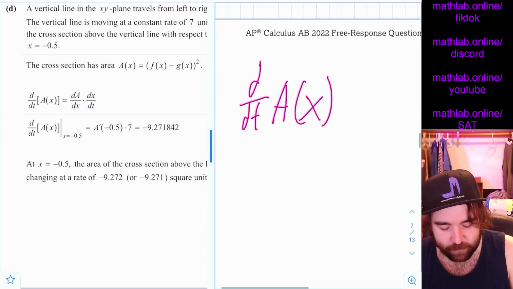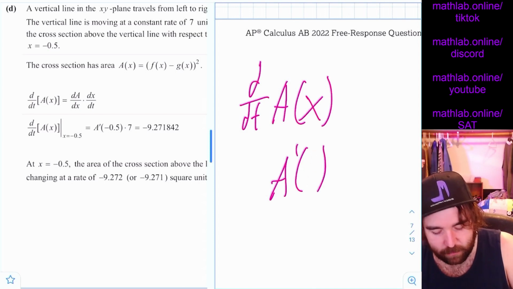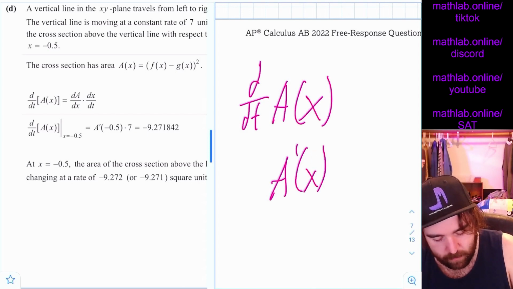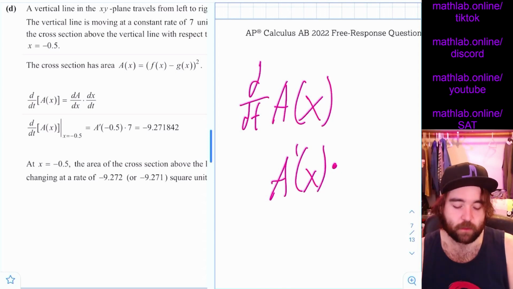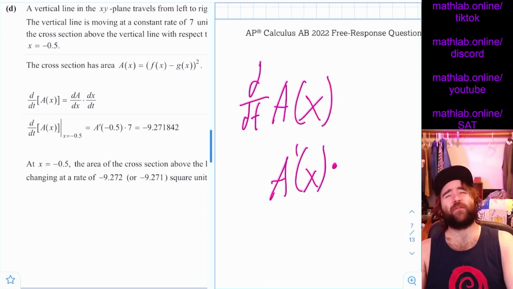That's like chain rule. So we're taking the derivative of that. So that means we have a prime of x times dx dt, because when it's y you do times dy dx.